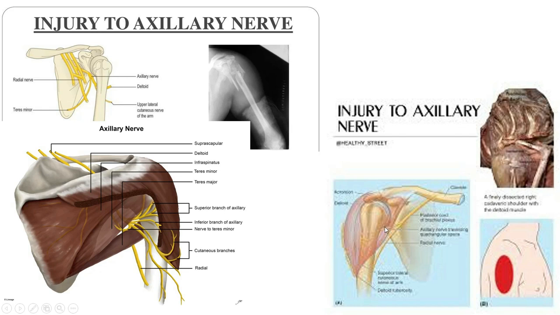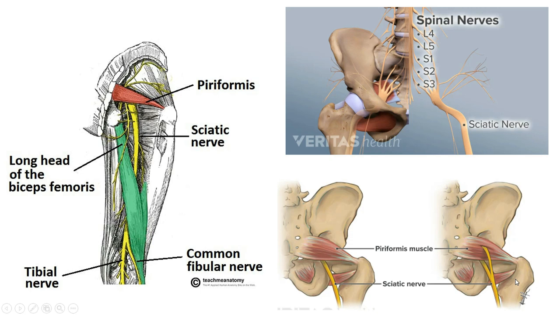Maybe the artery called the circumflex humeral artery, through the surgical neck of the humerus, can be injured. But if we injure the axillary nerve from the anterior aspect, there will be no harm to the deltoid function, but there will be anesthesia over this area. It is also called regimental badge anesthesia.